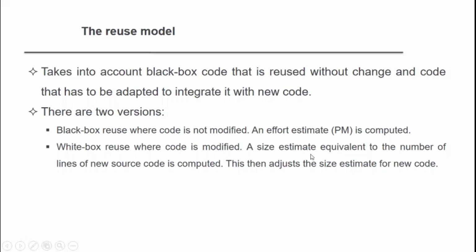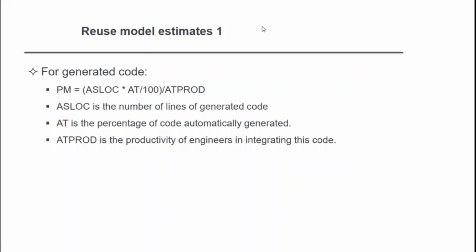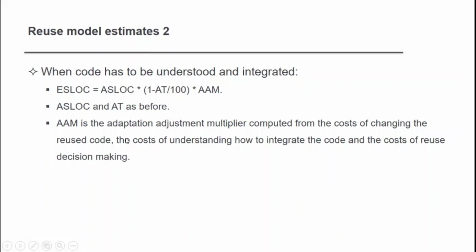A size estimate equivalent to the number of lines of new source code is computed, then the size estimate for new code is adjusted. The reuse model estimate for generated code is PM = (NLOC × AT / 100) / ATPROD. This is just a formula, not much needed, and you can refer to my notes, which will be helpful for you.